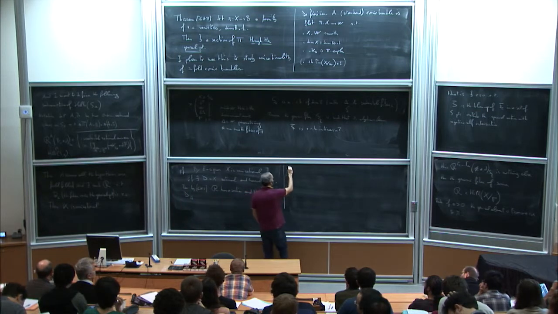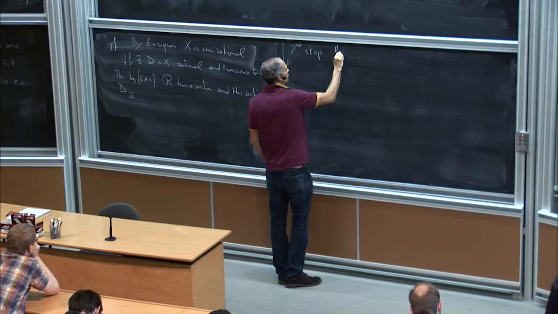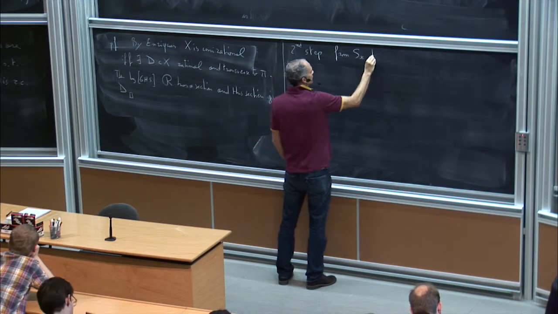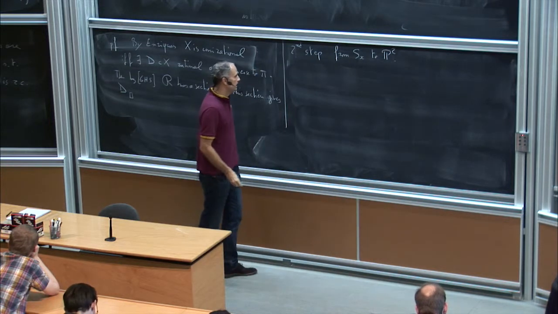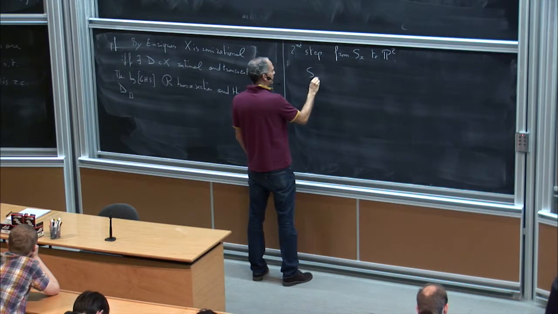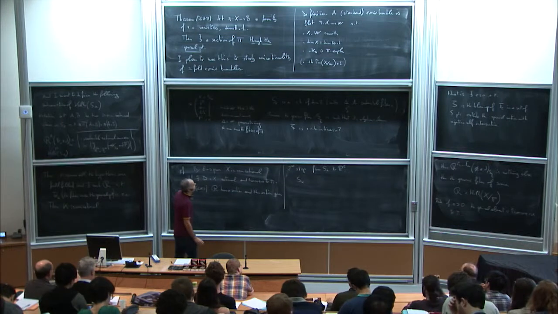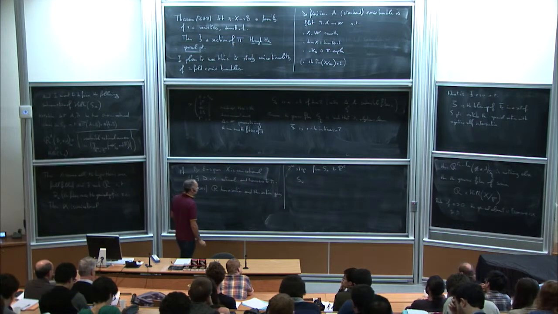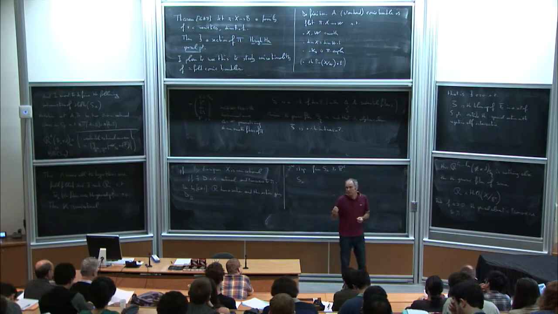And so the second step, from S_x to P2. And this is very nice, at least from my point of view. So we have our S_x. So maybe I have still it on some blackboard. No, I erased everything. So if you remember, S_x is simply F_e blown up in some point. Okay?